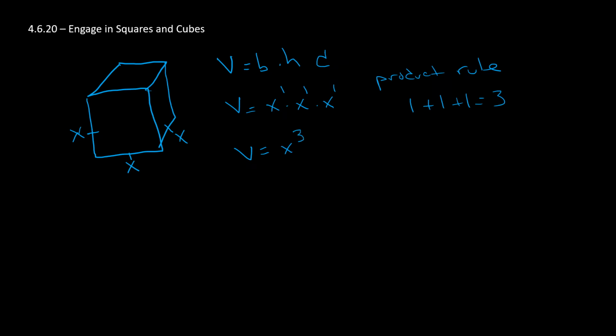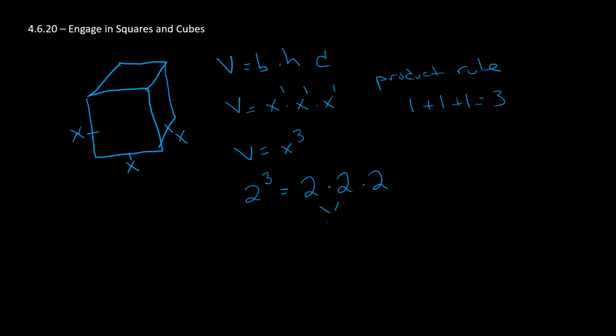The important value here is this 3 in the exponent part. You guys have heard math teachers in the past say, this would be x to the third. This would also be x cubed. So we get these terms from looking at the volume of a cube. If I asked you to solve for, let's say, 2 cubed, that's the same thing as 2 times 2 times 2.